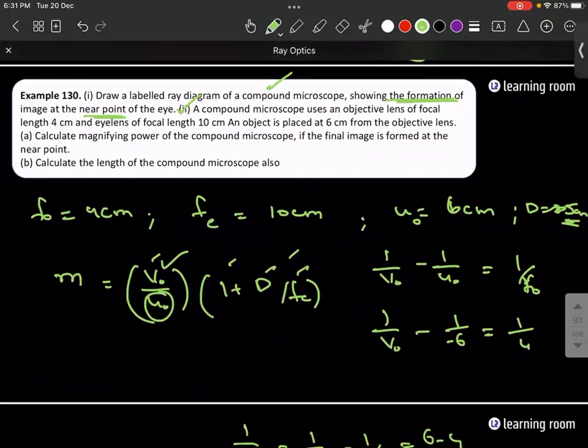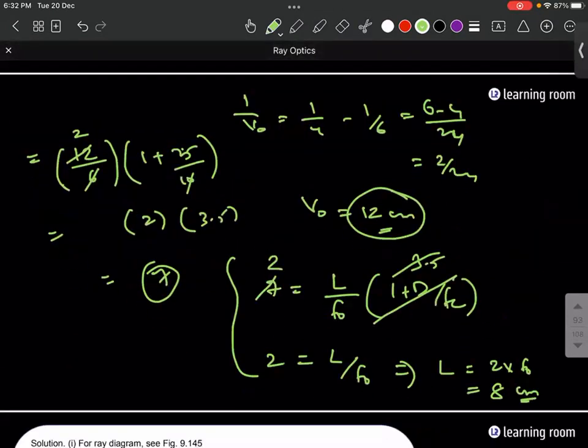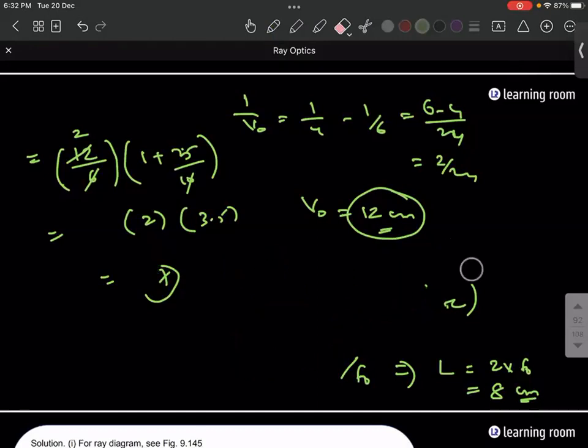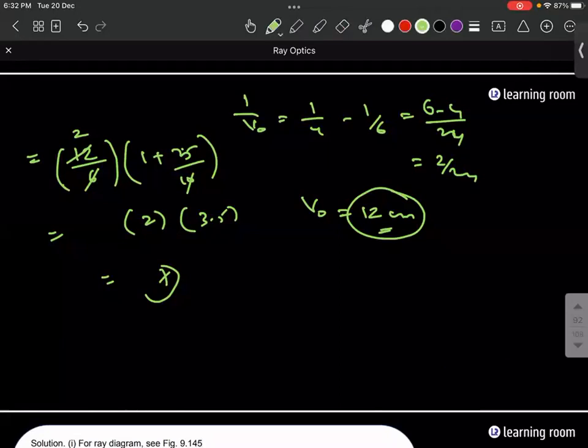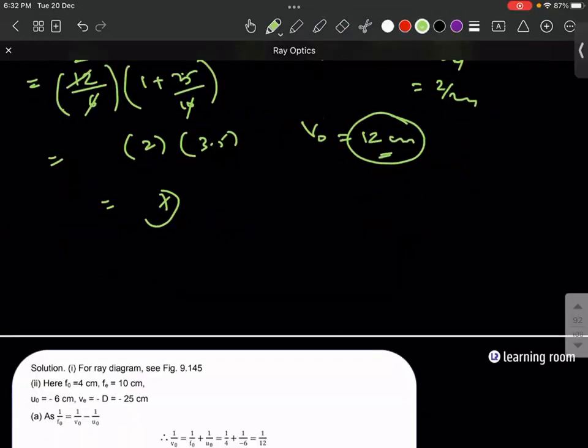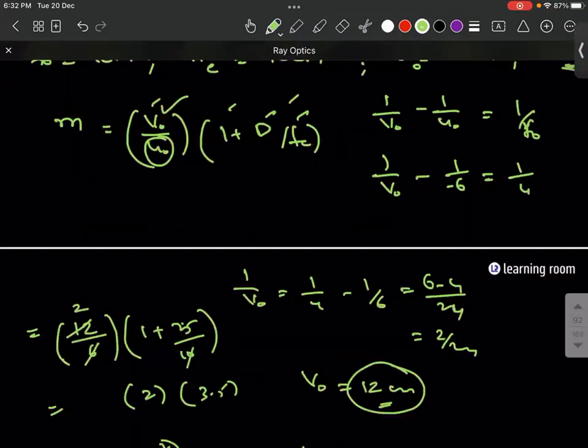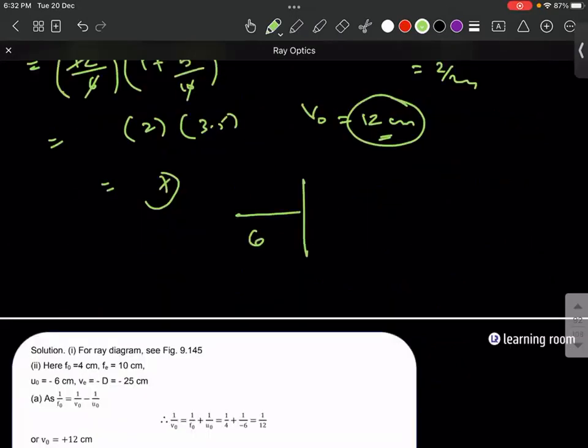This one is an approximated one. See, listen. Calculate the length of the compound microscope. So this is where the object is placed at a distance of 6 centimeter, and the image is formed at 12 centimeter.